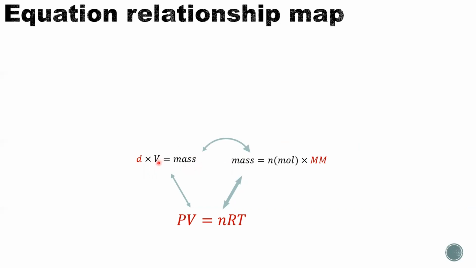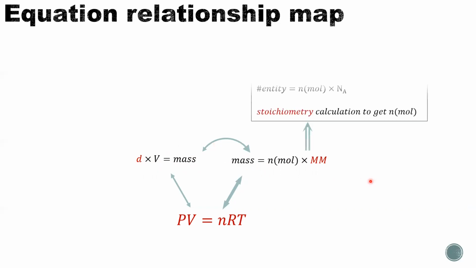For example, if you're provided with a density and provided with the number of moles, then you can use mole mass conversion to get a mass first and then get a volume. Okay, so from this number of moles, besides this mass and mole conversion, we can also get the number of moles from the molarity times the volume of an equation.